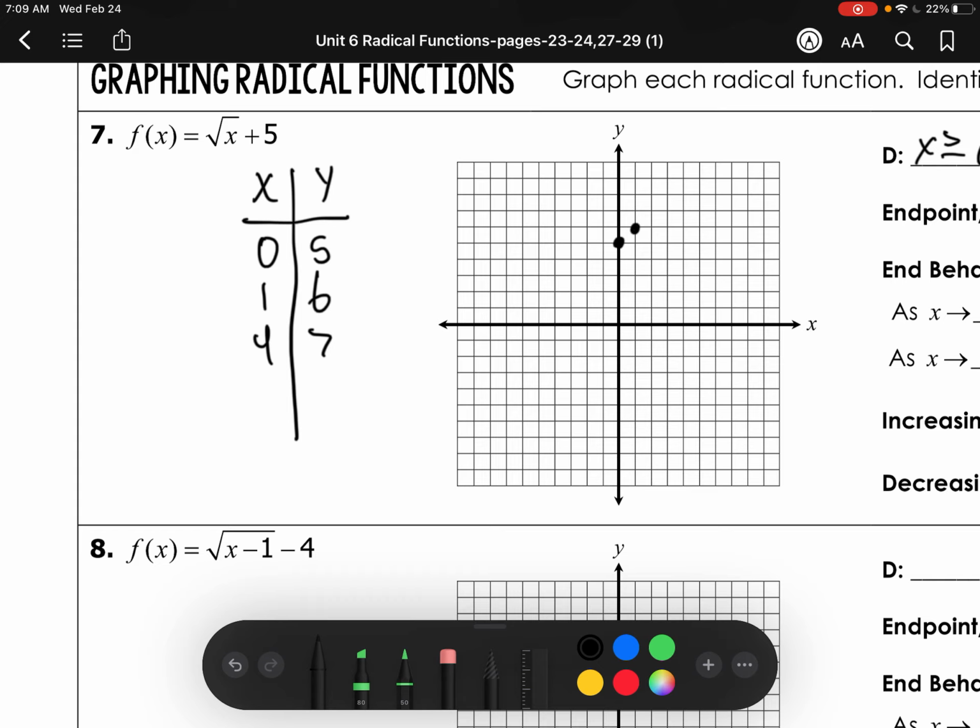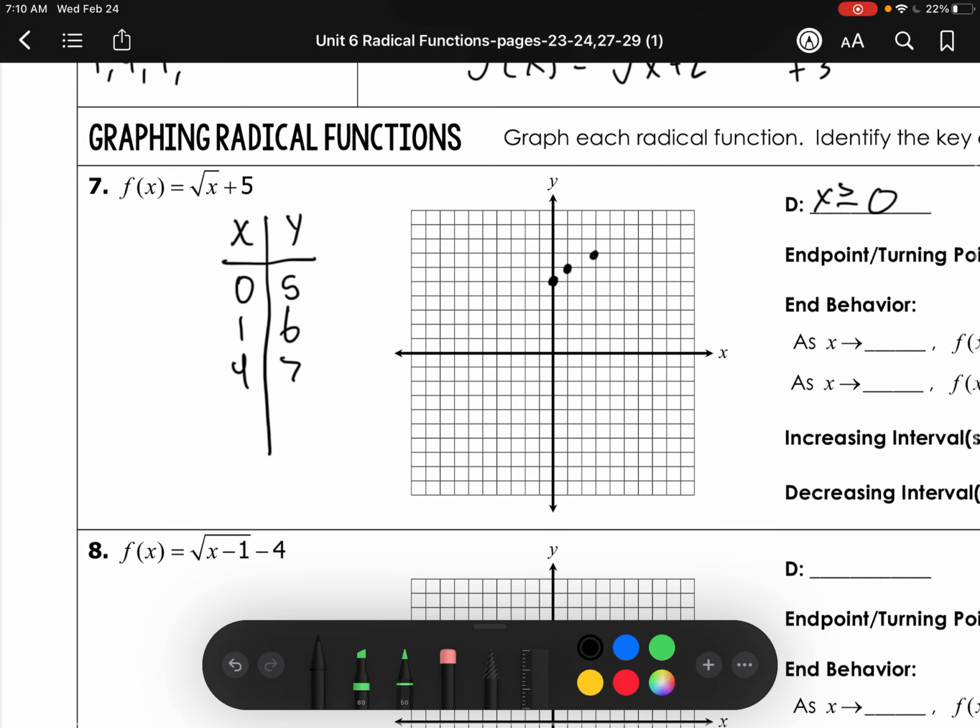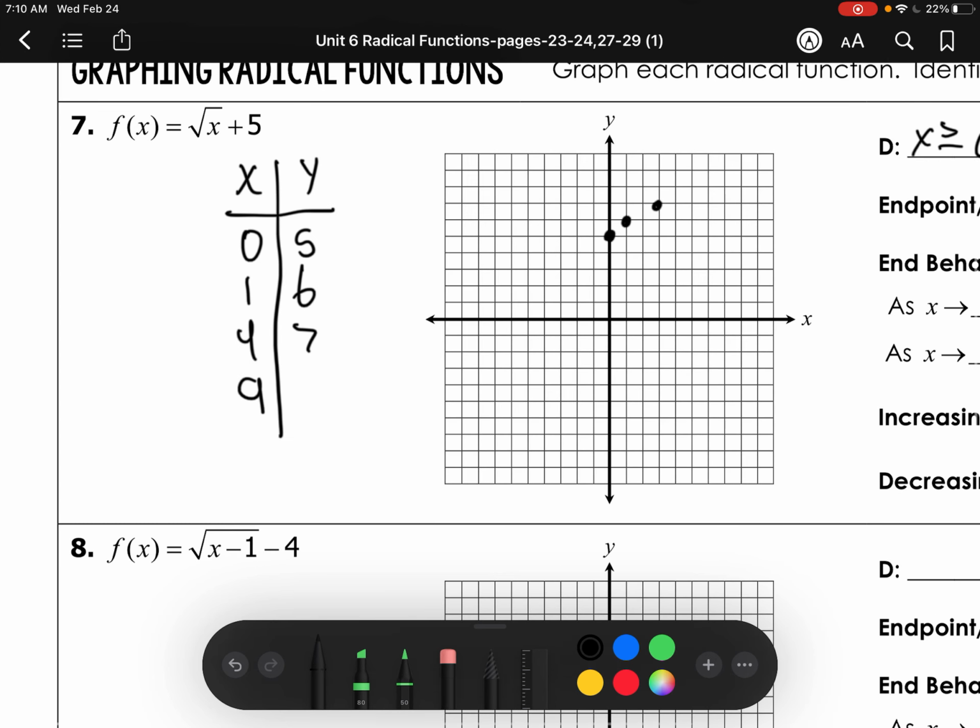So that point would be at 1, 2, 3, 4, right here. If I were to plug in the next perfect square, 9, the square root of 9 is 3, plus 5 is 8. So then it would be right here at 9, 8.